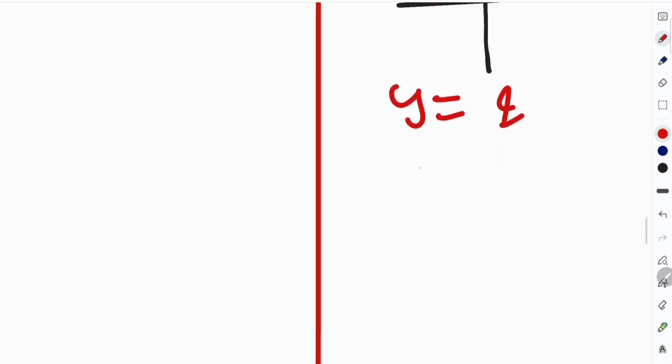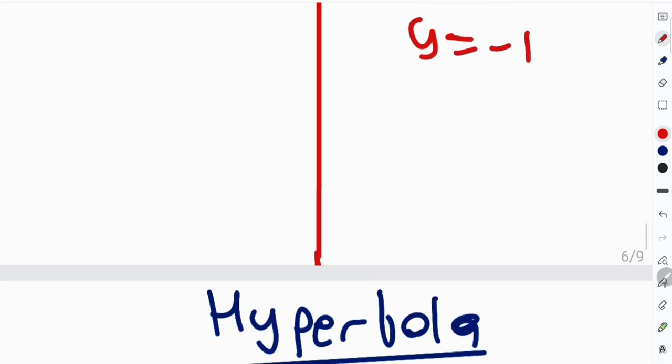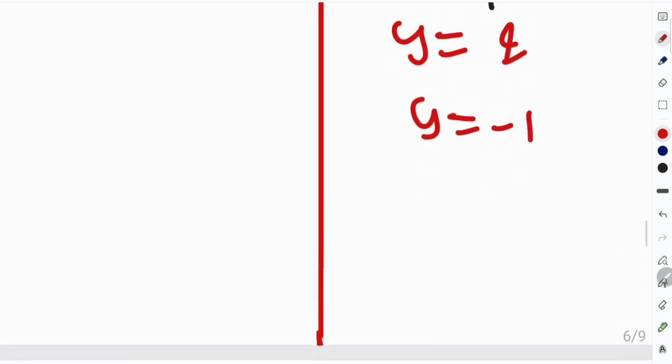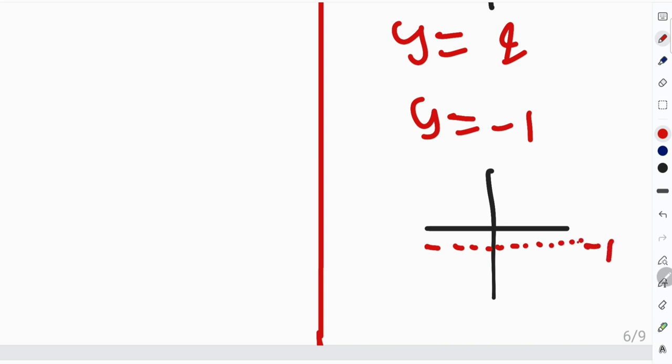So let's say my y equals -1. Then if I have a graph like this, I know at -1 I'm going to have this line.